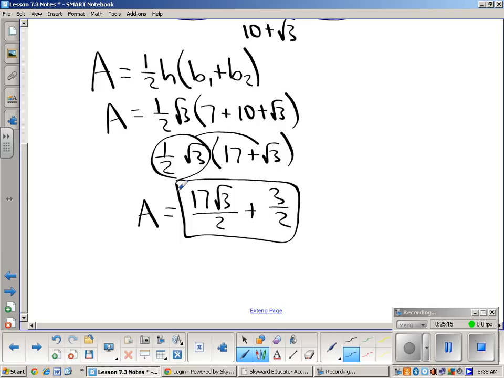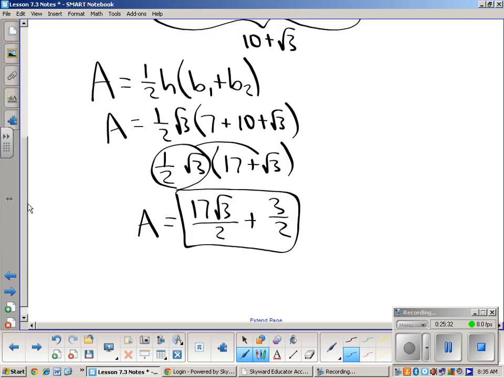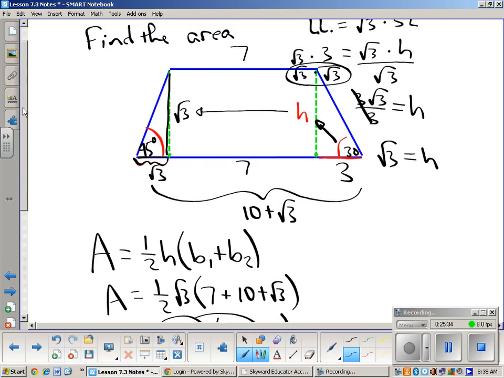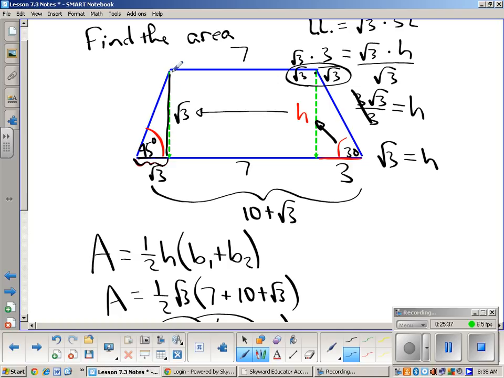Now, I don't think you have any that are truly quite that messy. The intent of that question, the reason I want to go through it with you, is for you to understand that you cannot look at a picture and make assumptions about how long sides are. You have to go by what they gave you. Okay? And in this picture, this height and this side are equal, even though they absolutely don't look equal.